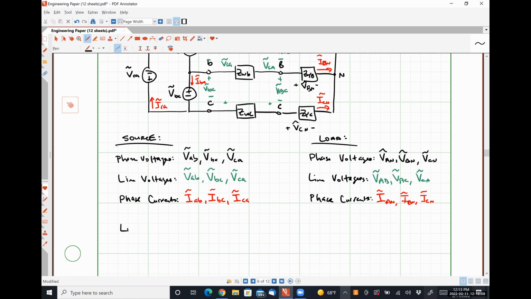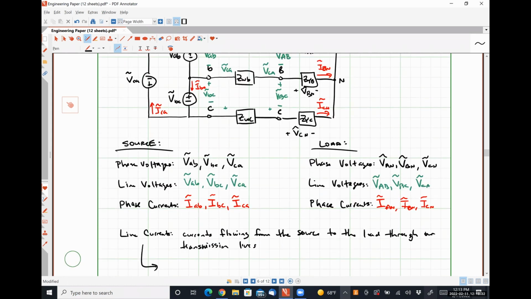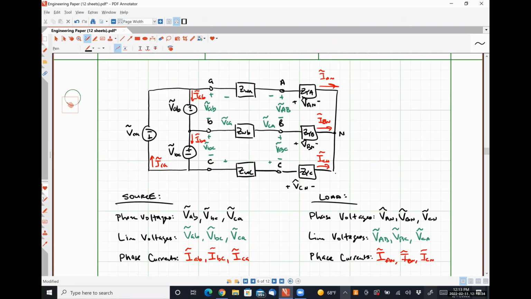So our line currents, by definition, are currents flowing from the source to the load through our transmission lines. So I'm going to do these in blue. Sorry, I went too far.